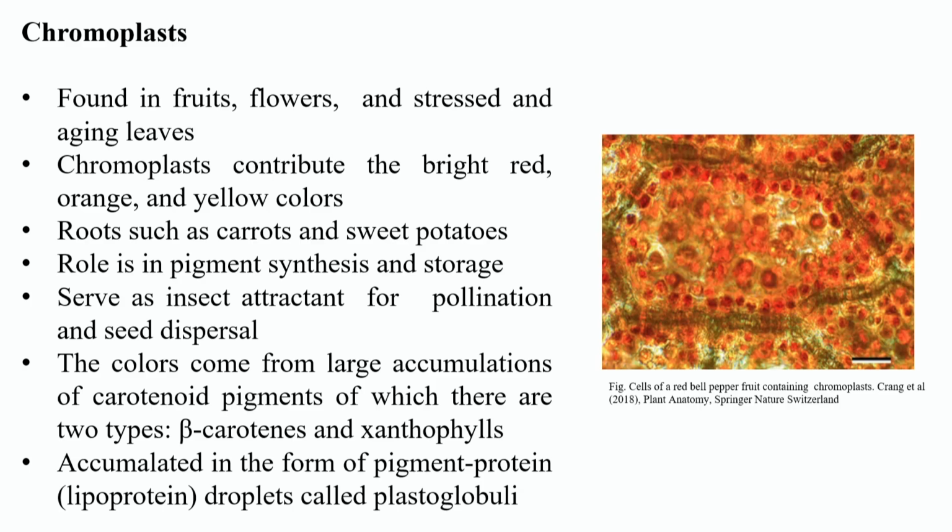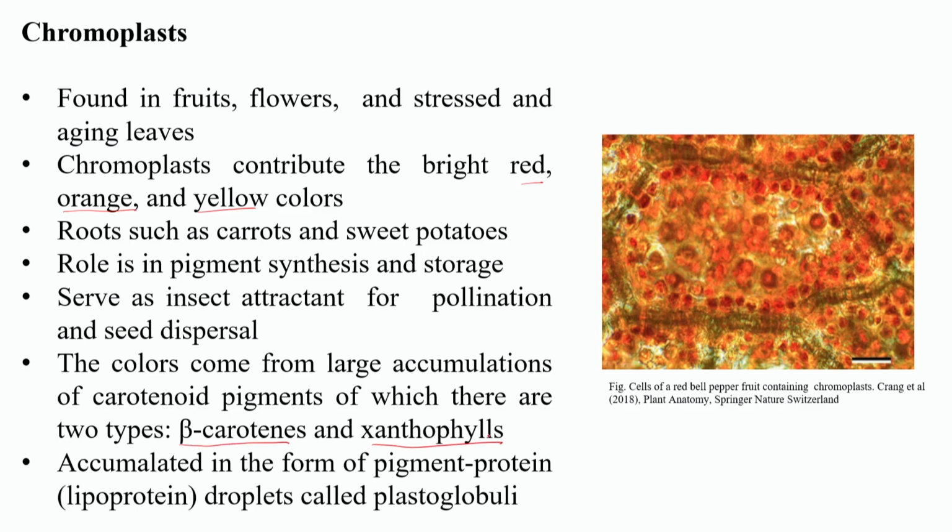So, it is because of the conversion or the formation of chromoplast. Basically it gives bright red, orange and yellow color, and these colors are because of the presence of two very important pigments in chromoplast. They are beta carotene and xanthophyll.